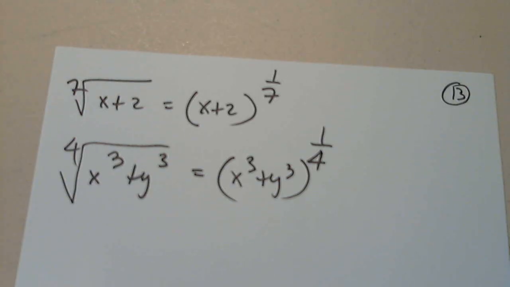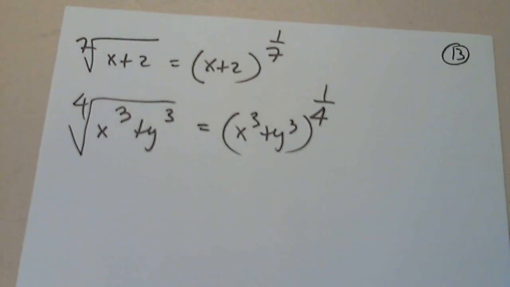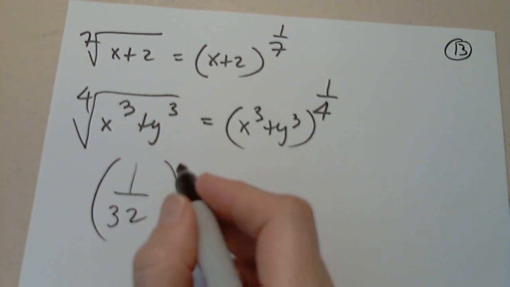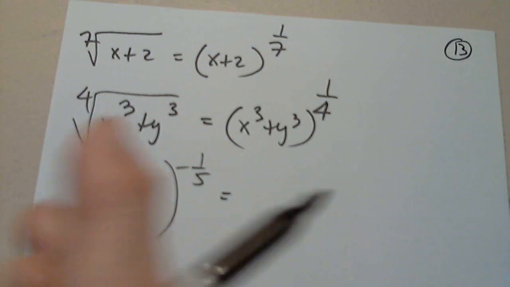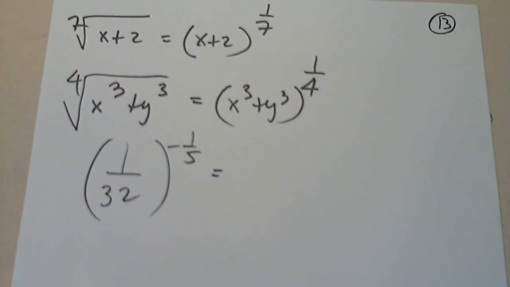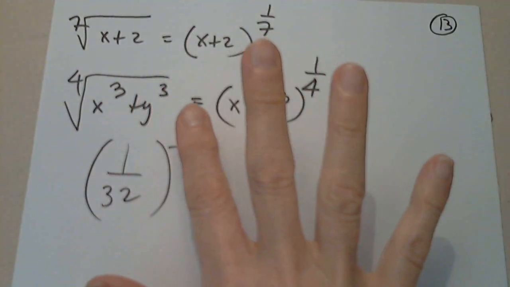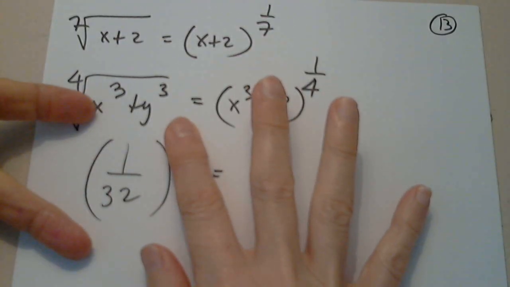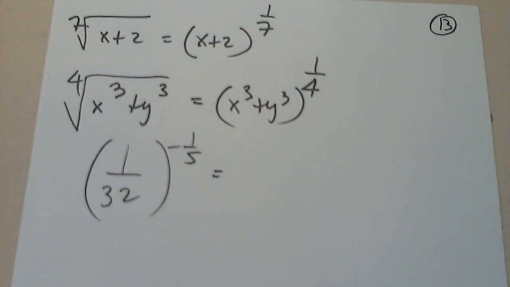Write each expression in radical notation and evaluate. Okay, very good one. 1/32 raised to negative 1/5. First of all, we discussed this rule, if you remember. When we have a fraction to a negative exponent, I have to flip the fraction and the exponent becomes positive.